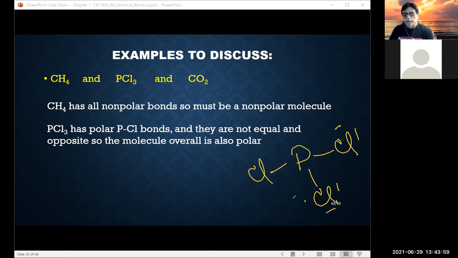Counting all your valence electrons, it should look something like this with a lone pair on that central atom. And the general formula would be AB3E. The fact that you've got a lone pair on the central atom, as a rule of thumb, automatically means you have a polar species.